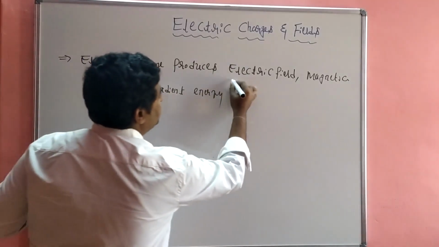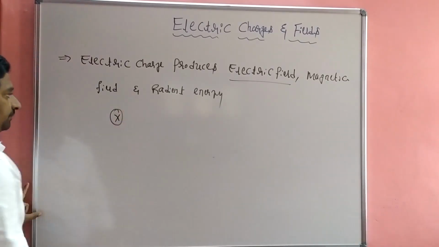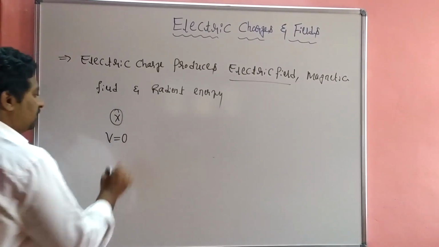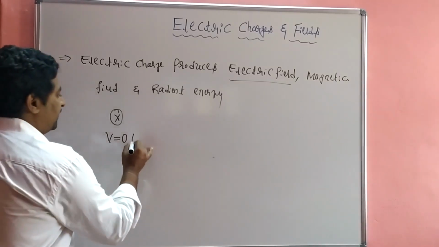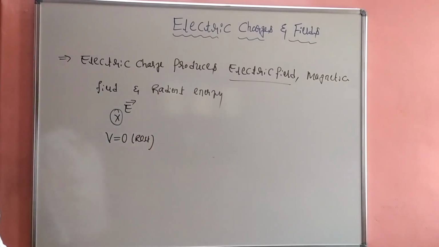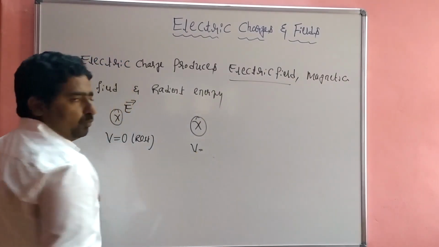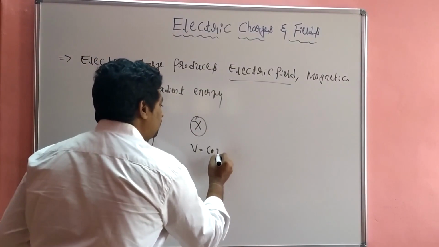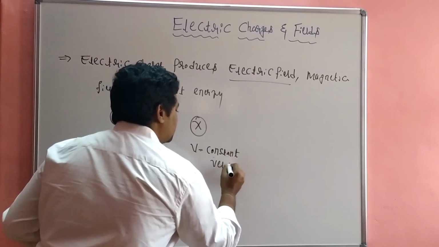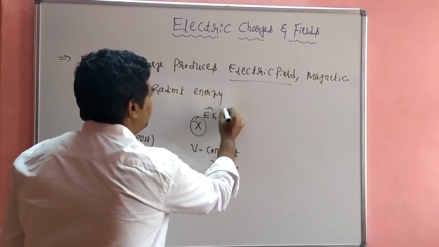So first case, this is the electric charge. So this electric charge at rest condition, so velocity is equal to 0. That means it is in the rest condition, it produces the electric field. So when this electric charge is moving with constant velocity, it produces electric field as well as magnetic field.